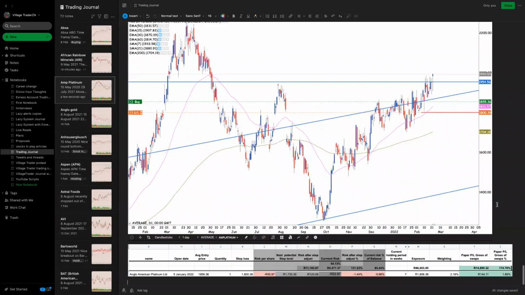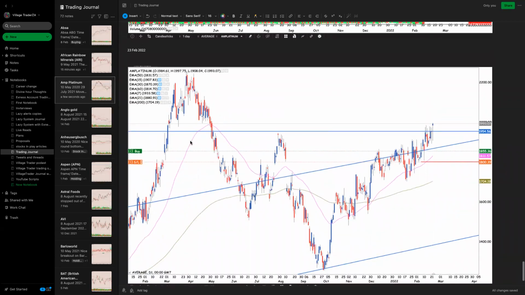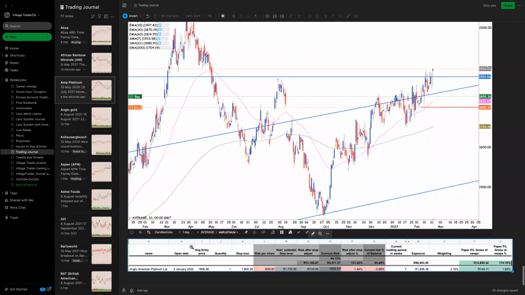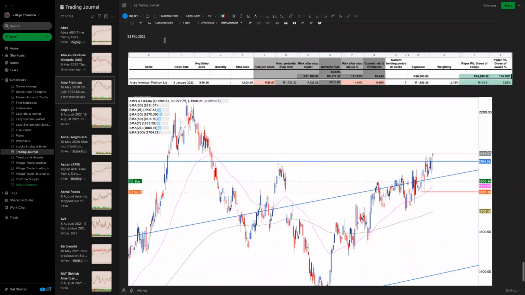Now I know since I've updated my stop loss, my risk is reduced to 0.66. I'll annotate this chart as well. I'd annotate: we broke a resistance at 1954, and then I raised my stop loss to just below the 50-day exponential moving average to 1839, and now reducing my risk to 0.66%.